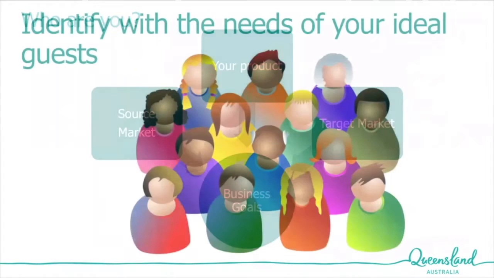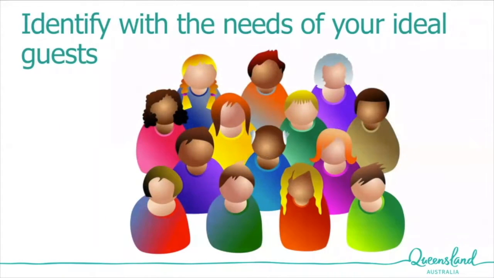So one of the most important aspects of defining your target market is to identify the needs of your ideal guests. You can't treat your target market as one big blob of people. In today's marketplace, people want to be treated as individuals, and they've been conditioned to this. They've been conditioned to this because of all of the personalised information that they are able to get online and through apps.